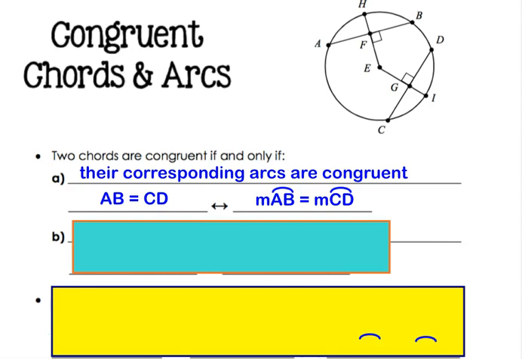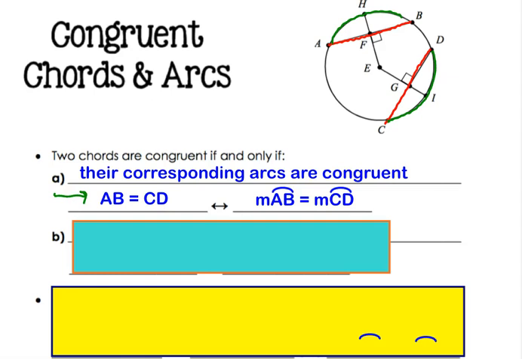So let's look at this picture here. It says congruent arcs and chords. Two chords are congruent if and only if their corresponding arcs are congruent. So what that means is AB, this is a chord, and CD would be congruent if we knew that arc AB is the same as arc CD.